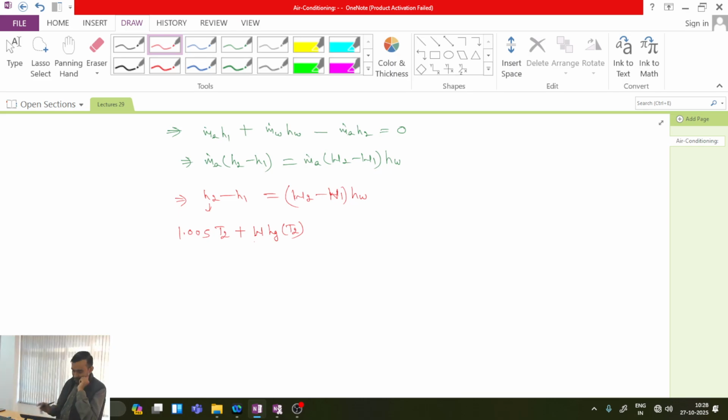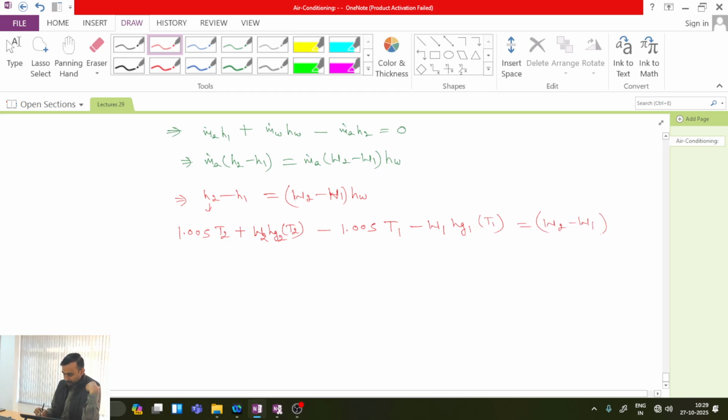Fine. This is W2 and this will of course be Hg2. Minus 1.005 into T1 minus W1 Hg1 at temperature T1, equal to (W2 minus W1) into HW. Clear?